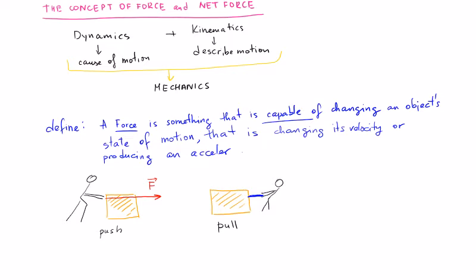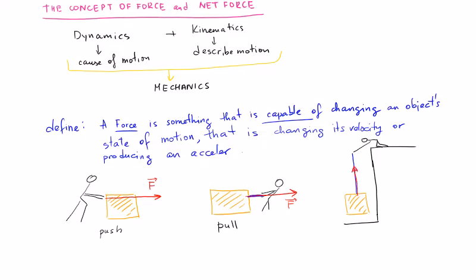In the second picture, we have a pull when a person is pulling an object. So the force is in this direction, to the right. And then there is the object that is hanging from a rope, for example, or a string. In this case, the force is again being exerted by the rope.